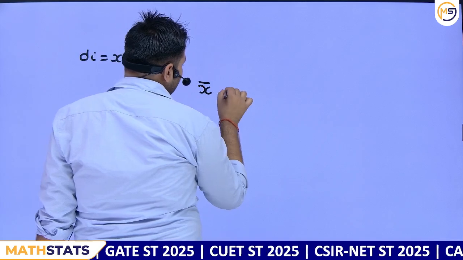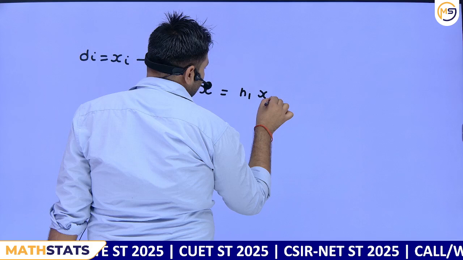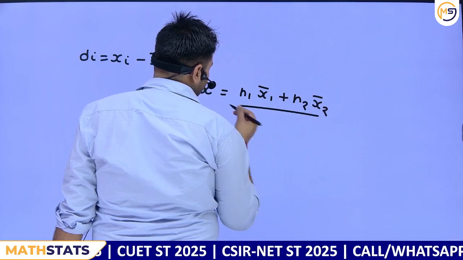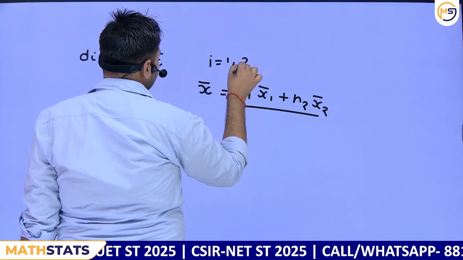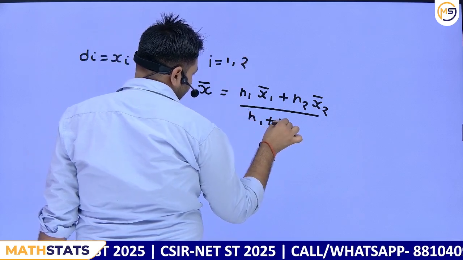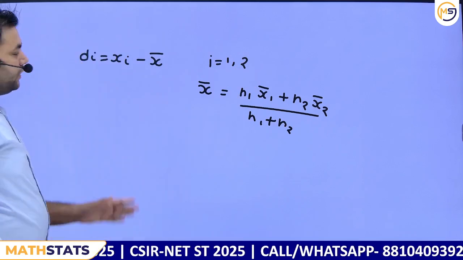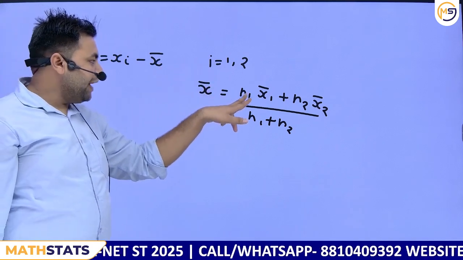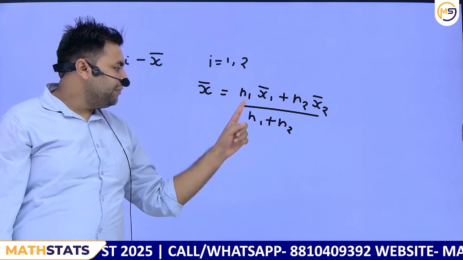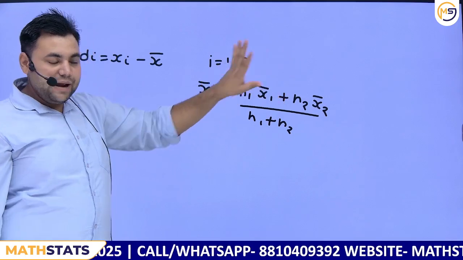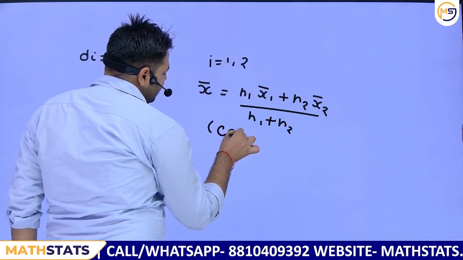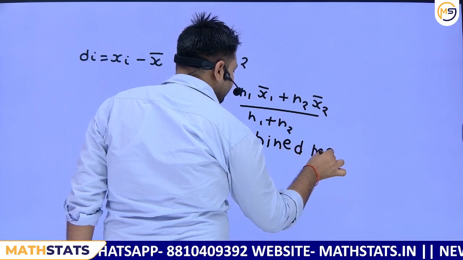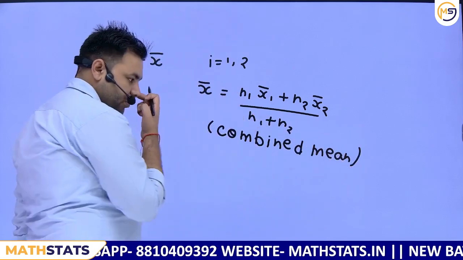So x bar equals n1 x1 bar plus n2 x2 bar divided by n1 plus n2. I am talking about two series. This is the combined mean.